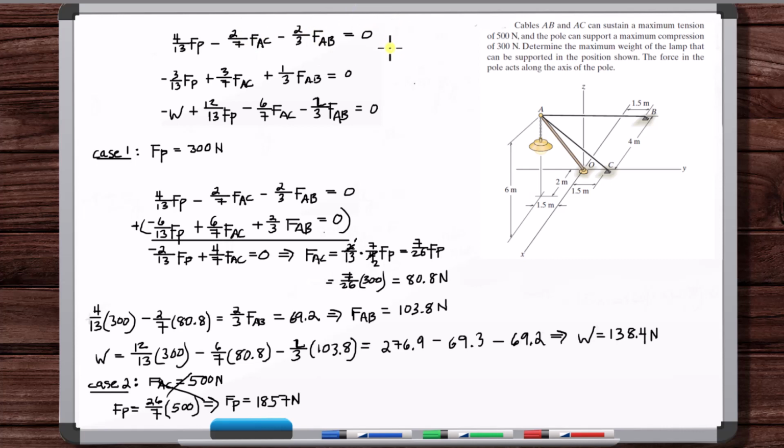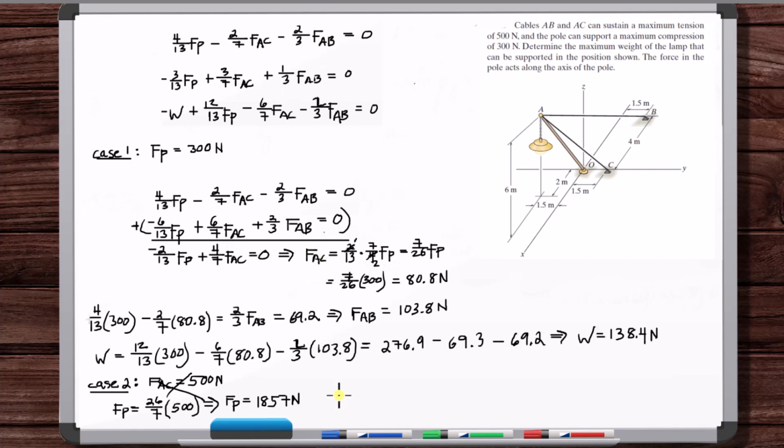Let's look at just this form, with 0 on the right. If you keep the force in AB constant, if FAC rises, FP is going to have to rise because you need to sum to 0. But FAC could still possibly go above 80.8 because then FAB would shrink to compensate for that.